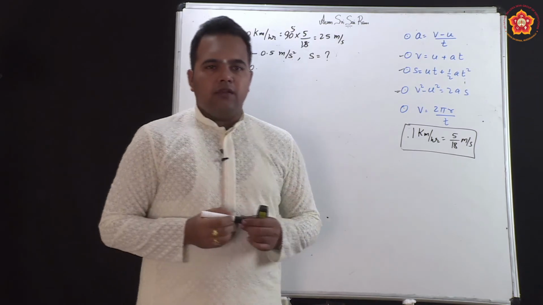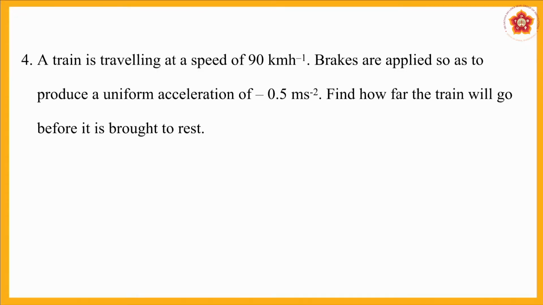Let us have a look. Brakes are applied so as to produce a uniform acceleration of minus 0.5 meters per second square. Find how far the train will go, which means they are asking us to calculate the distance, how far it goes before it is brought to rest. Now, this is the second interesting point you have to notice here.